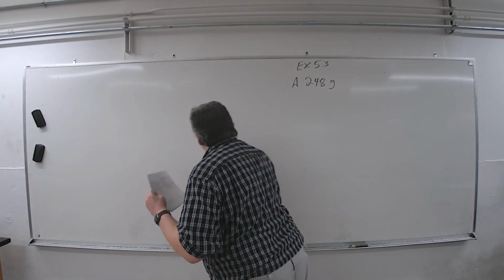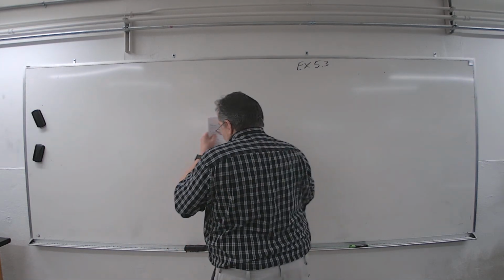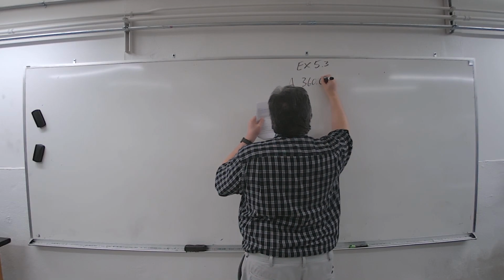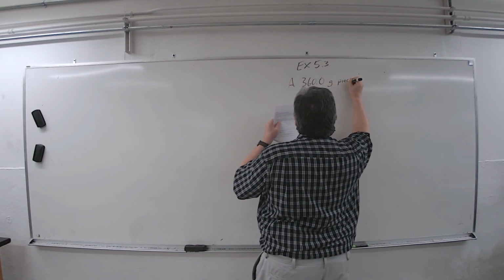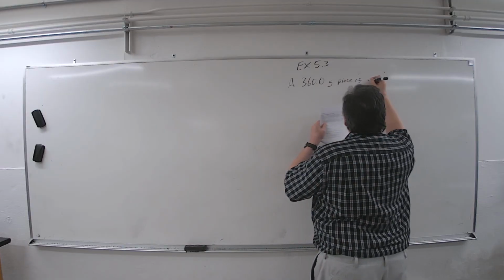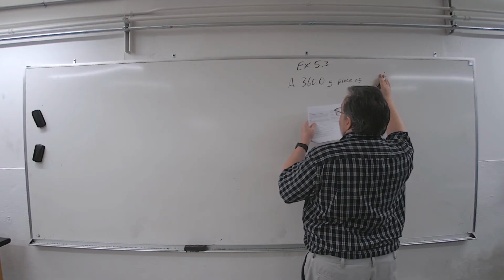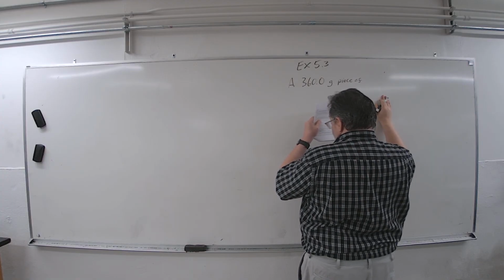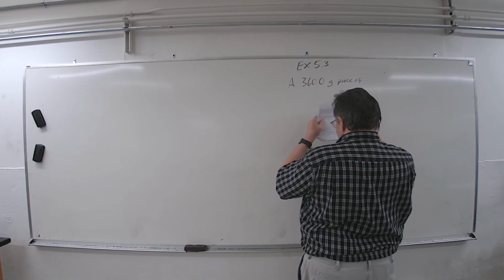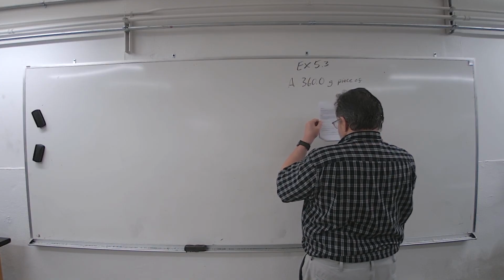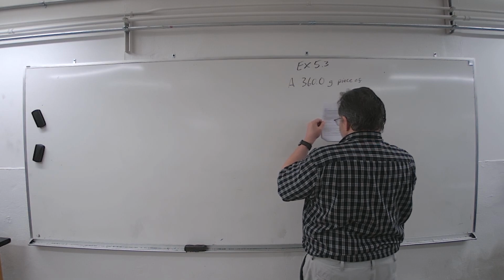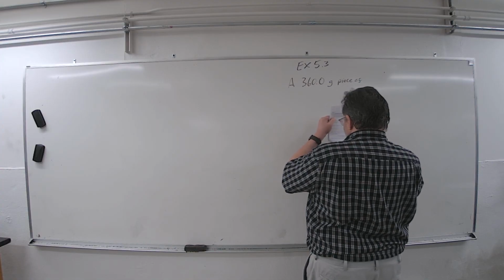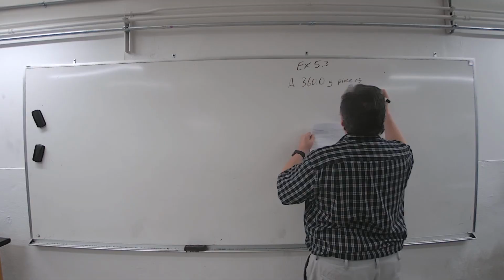Was looking at the wrong one. 360.0 gram. They say piece of rebar and they say steel. And then further down they say, what they say in the solution. Anyway, they tell you use the specific heat of iron. Yeah. The specific heat of steel is approximately the same as iron. So let's just say iron.